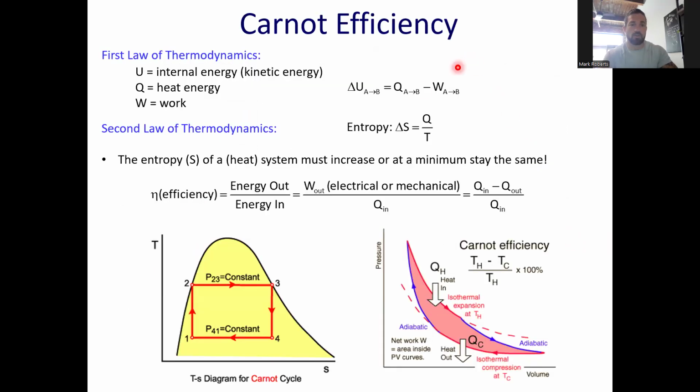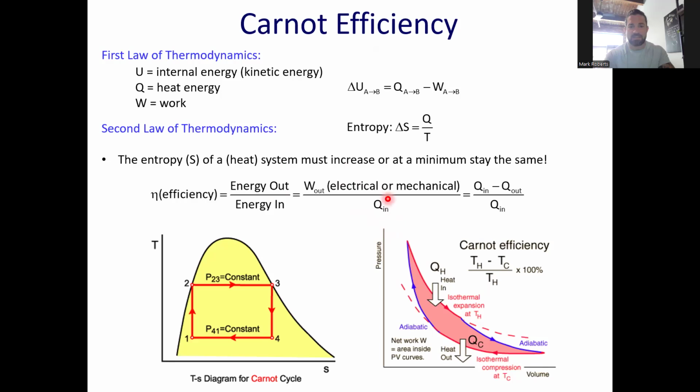So the Carnot efficiency, we can calculate that. The efficiency is generally defined to be the energy out divided by the energy in. The energy out is the usable work, versus the energy in, which is how much heating we're doing on the system.